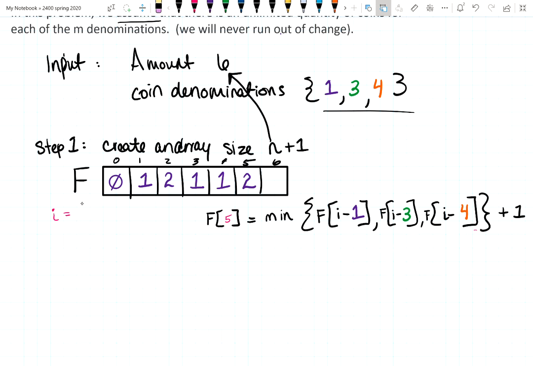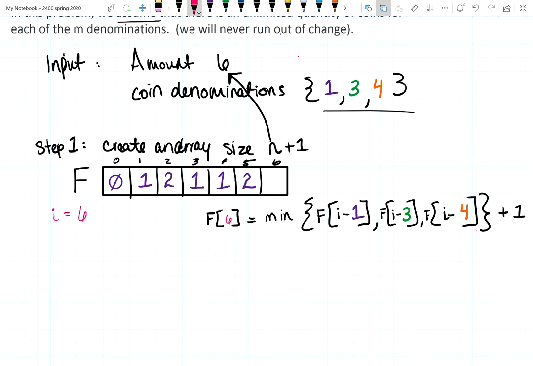Increment i. And when do we stop this algorithm? We stop when i is larger than 6. So right now it's 6, so we're going to keep going.